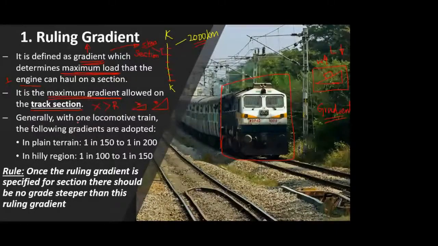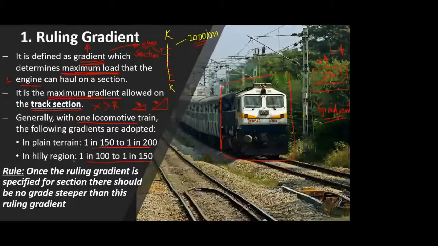For one locomotive or one engine, in Indian Railways they have a thumb rule or some standard values: in a plain terrain or plain region, 1 in 150 to 1 in 200 is the ruling gradient generally adopted, and in hilly areas it's 1 in 100 to 1 in 150.